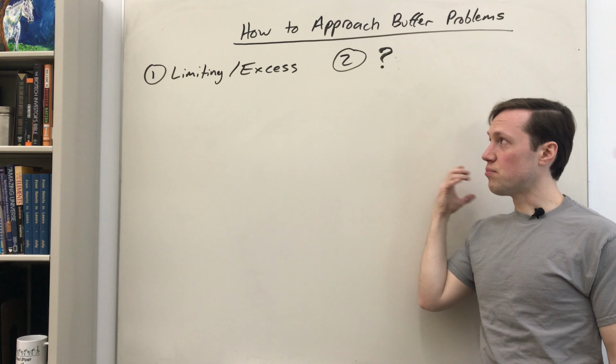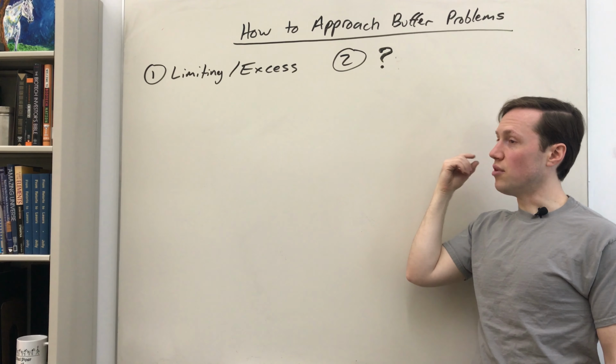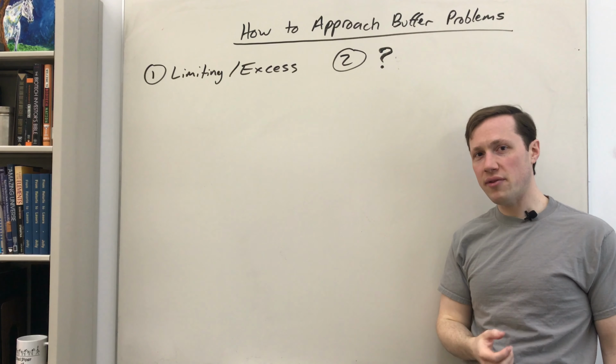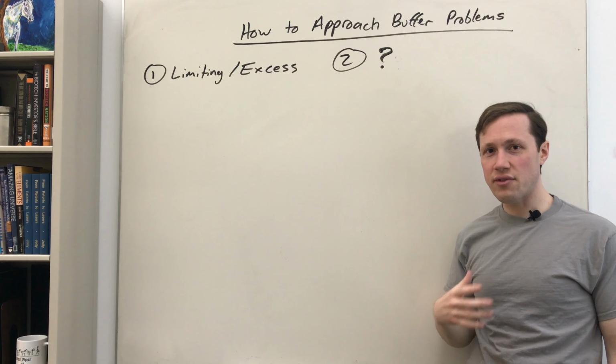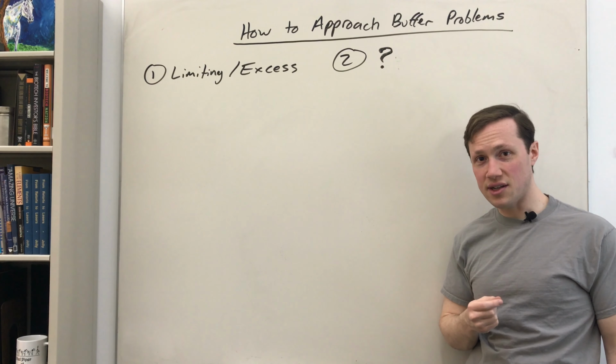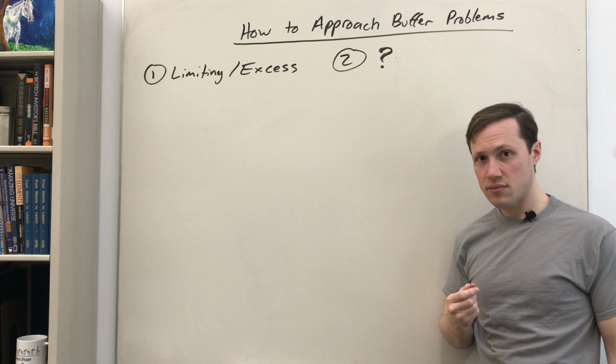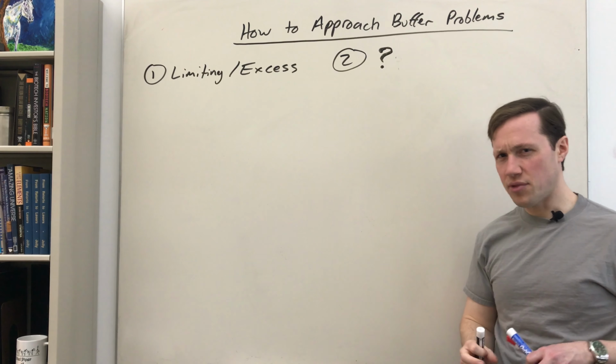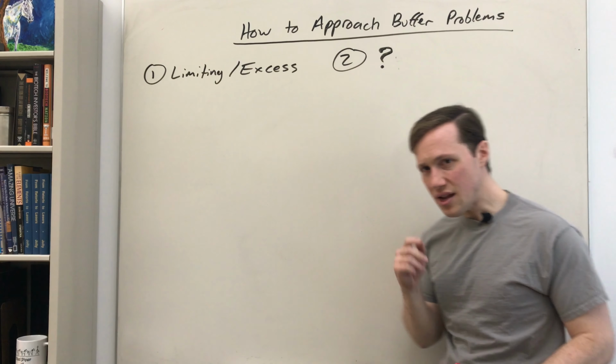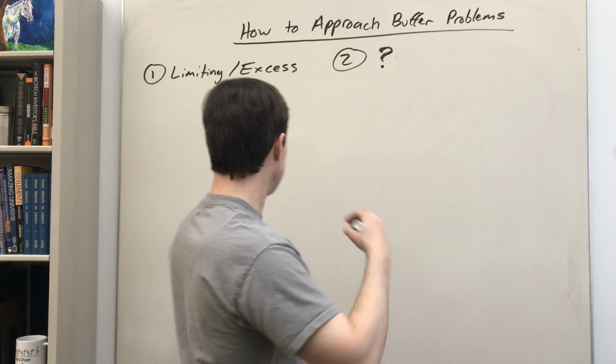So when we approach a problem involving adding something to a buffer, it's useful to have a framework for the sorts of possibilities that might happen. So, how do we describe those possibilities? Well, I like to use a vertical axis.